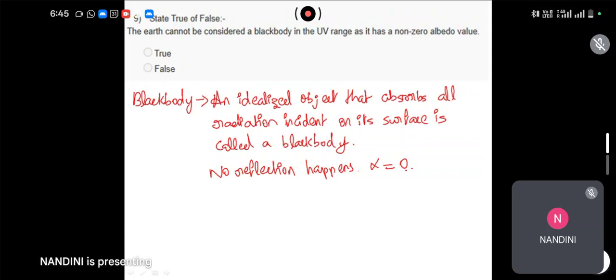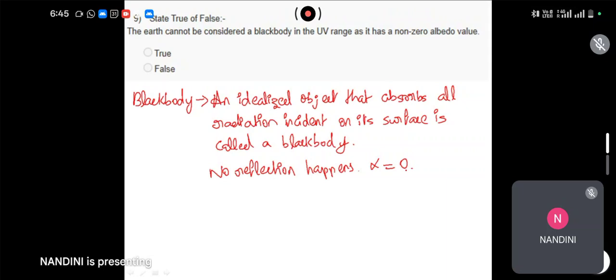Since in the UV range, it is having a non-zero albedo value, it basically reflects the radiation that is coming in the UV range of the spectrum. Earth cannot be considered a black body in that UV range because when we are considering a black body, we assume that it absorbs all radiation that is incident on its surface and no reflection happens from the surface.